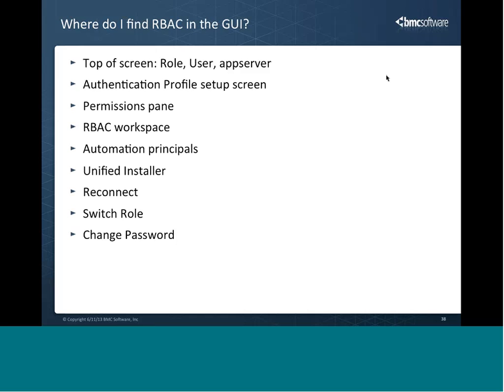Other places, there's also automation principles, as we said, that's under the RBAC workspace, but it's also used in a number of different places in the UI. There's the Unified Agent Installer. The Unified Agent Installer is going to use automation principles to authenticate to remote servers that we're installing agents on. We talked about reconnect, switch role, and change password.